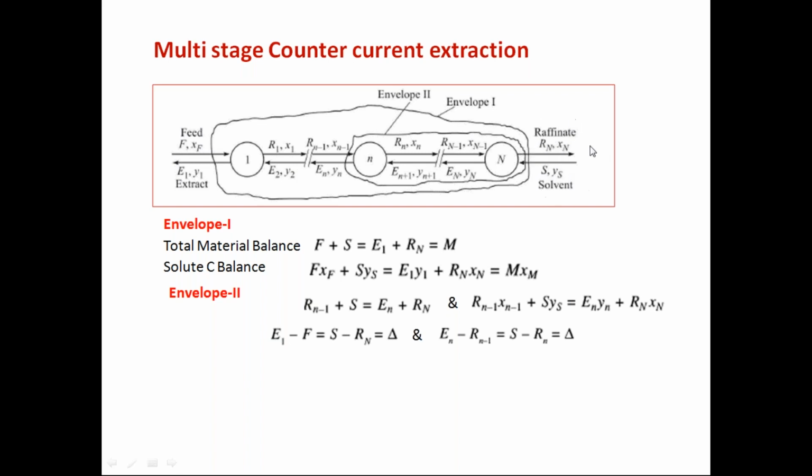You can call it as a solvent end, or in certain cases raffinate end and extract end. If you just tilt this one in case of the vertical one, then the stages are starting from top to bottom, 1, 2, 3 like that. Then the bottom one is n, so bottom will be the raffinate and the top one will be the extract.